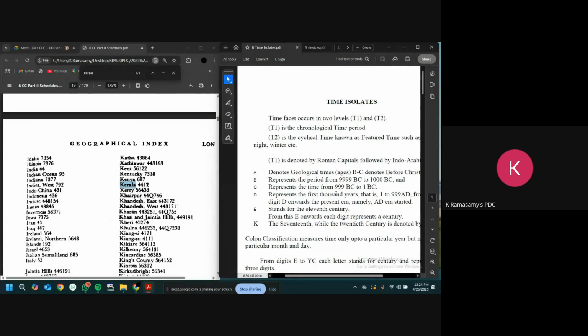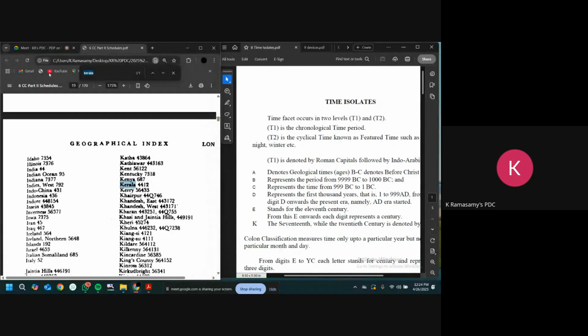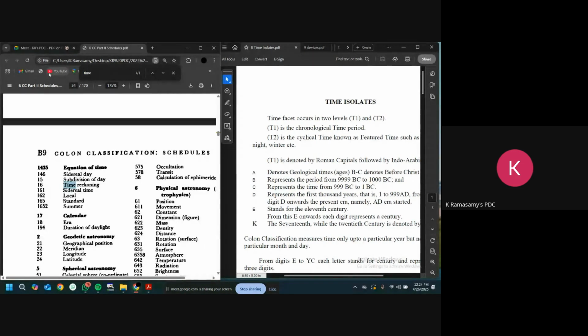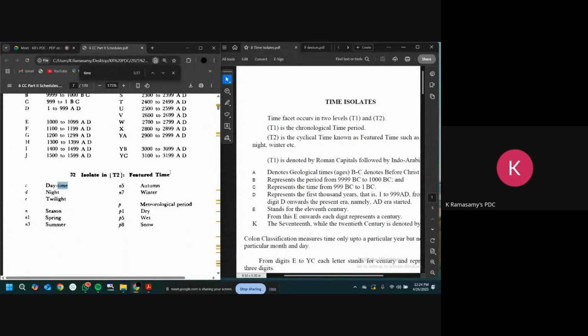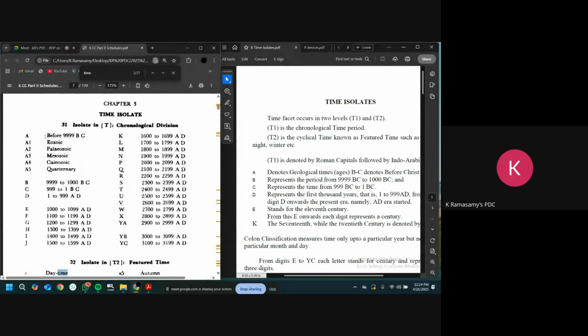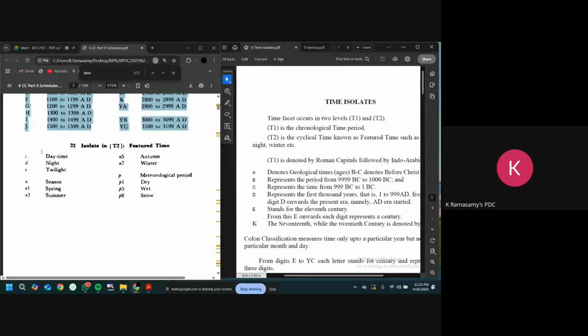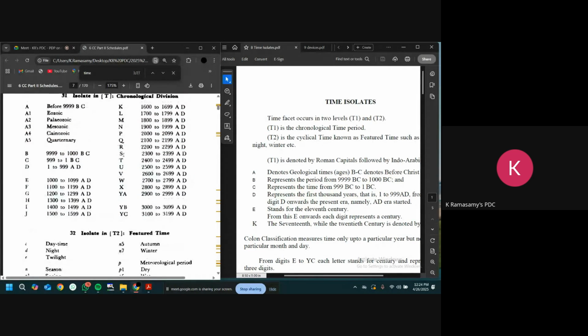I told you time isolates are given in page number 27. I'll just type time isolates. These time isolates are time 1, level 1, T1, and they are called T2. T1 means first level time, where we talk about centuries, years, decades.